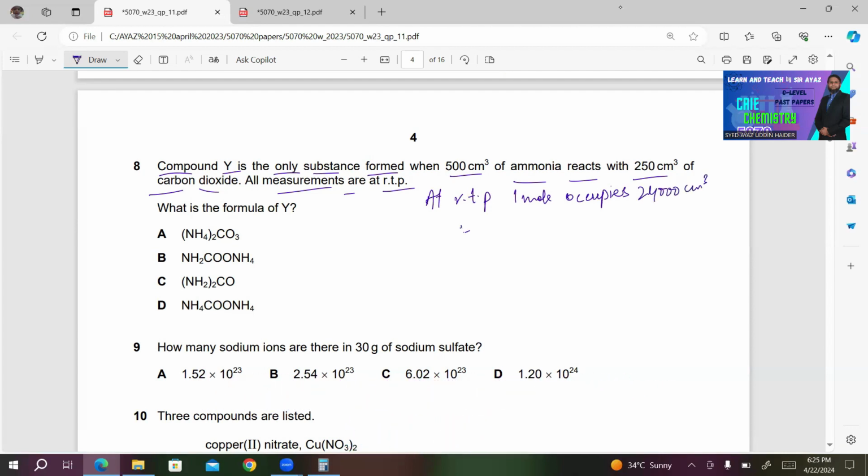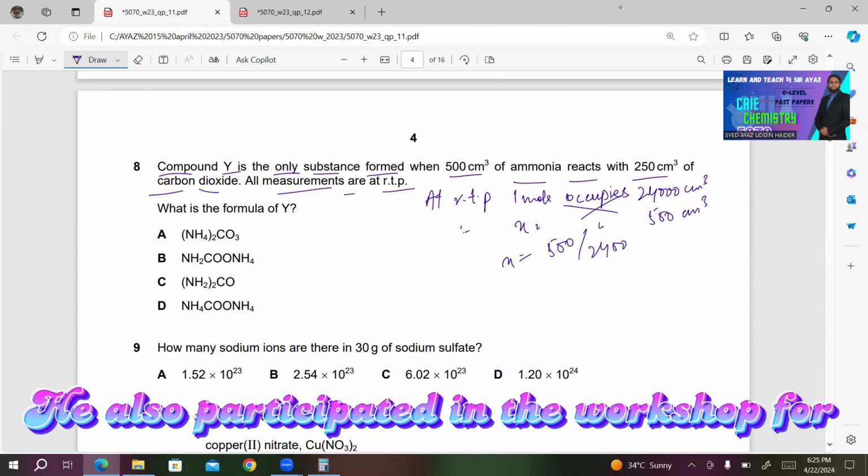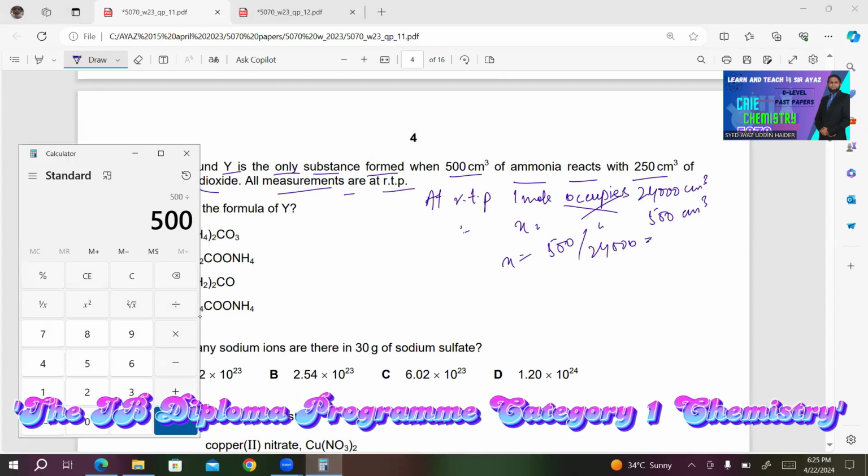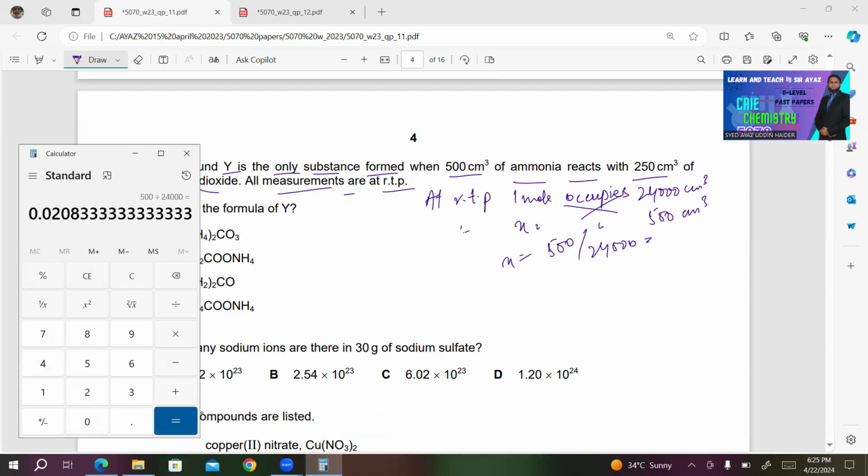Therefore, X mole occupies 500 cm³. This will be for ammonia. So X becomes equal to 500 divided by 24,000. So the answer is 500 divided by 24,000, which is 0.0208.